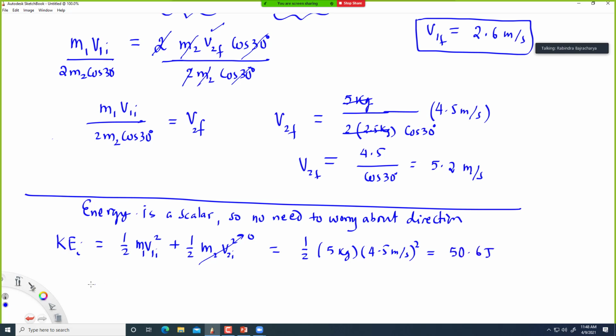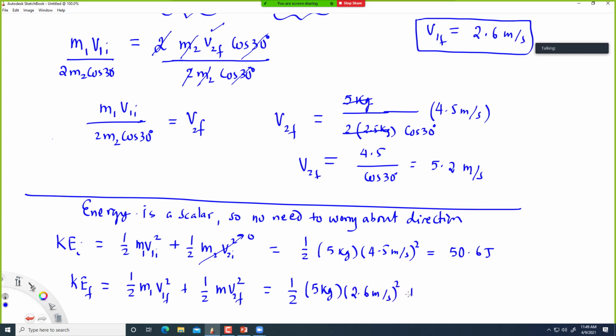Now kinetic energy final, or after collision: 1/2 mass 1 velocity 1 final squared plus 1/2 mass 2 velocity 2 final squared. No need to worry about the direction, just use these velocities. So 1/2 mass 1 is 5, final velocity of 1 is 2.6, 1/2 mass 2 is, wait, did I use the correct mass?